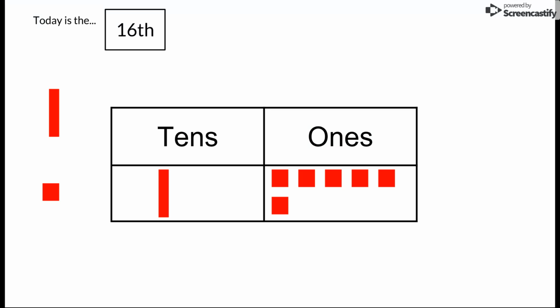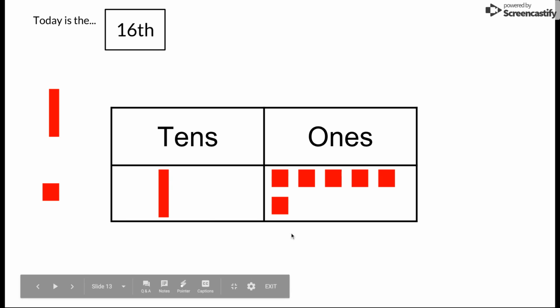Then we take the day, the 16th, and we put it in a T-chart for tens and ones so that they get familiar with decomposing a number and seeing how many tens there are and how many ones there are. So for the 16th, they would know that there's 1 ten and that there are 6 ones.